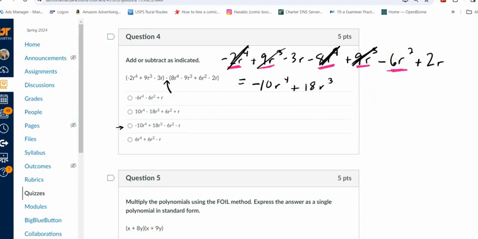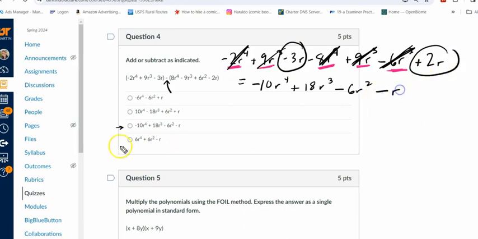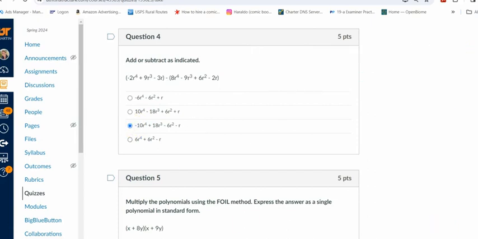I only have one, so minus 6r squared. And then I've got minus 3r plus 2r, which is going to be minus 1r, which is just minus r. And so that's matching up with that one there. Okay, all right. Let me go on to the next.